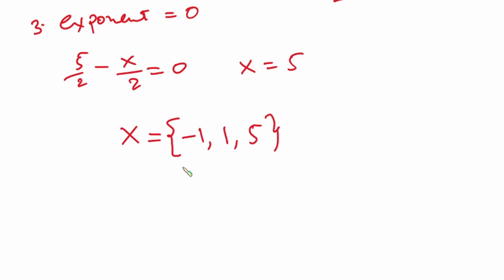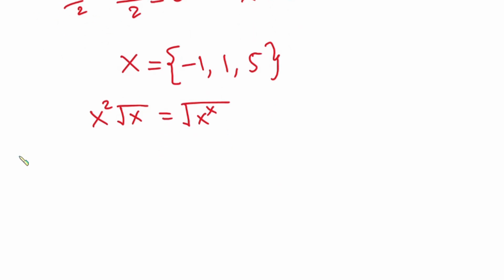All right. Now let's test these values and see whether they satisfy the equation x squared times the square root of x is equal to the square root of x to the power x. Alright, so we are saying that x is equal to -1 is a solution, okay? So plugging x equals -1 into this, we have -1 to the power 2, then square root of -1.